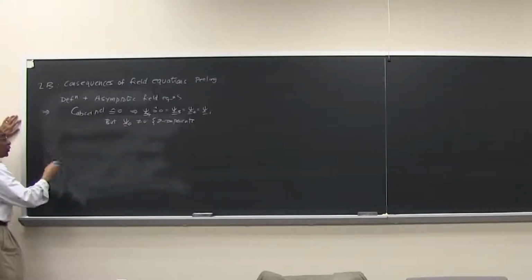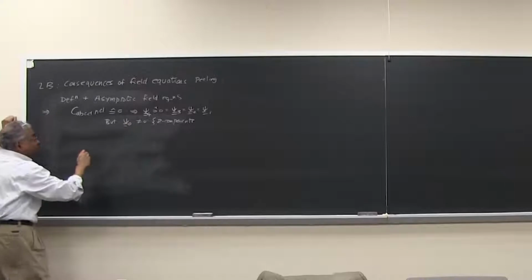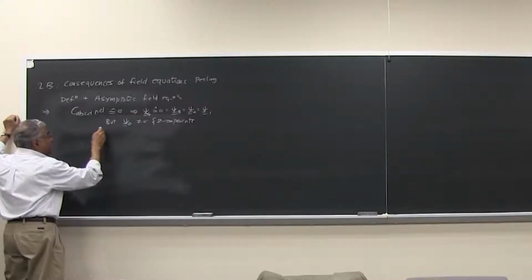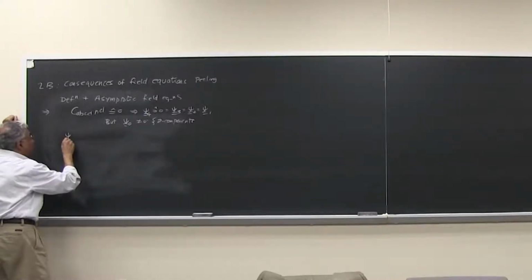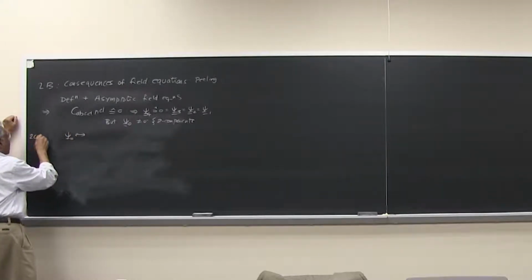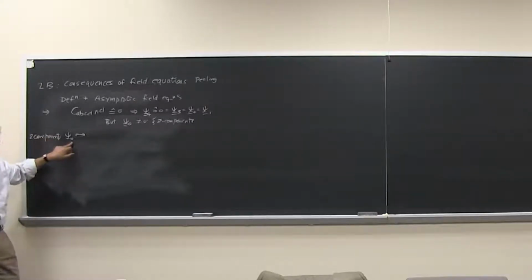But then we showed that these two components of psi 0 are really contained in what I call the tensor C_AB, equal to epsilon_A^mn epsilon_B^pq times C_mnpq. Psi 0 is a complex scalar, and therefore it has two real components.